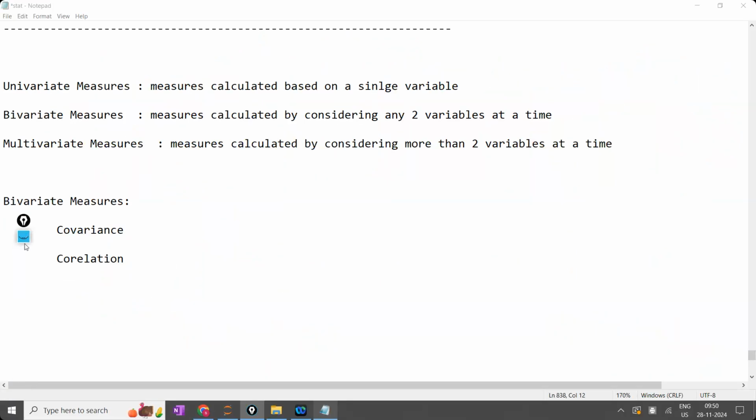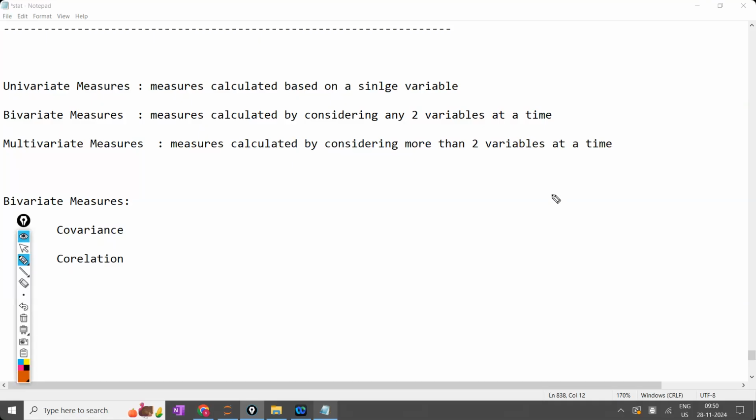Next one is called correlation. Here, you are going to calculate in terms of the covariance.